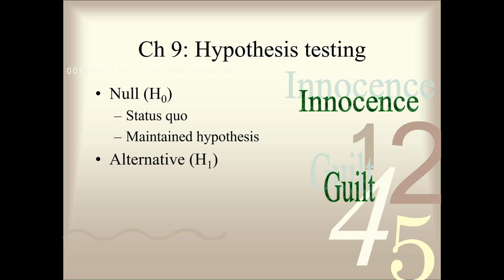We can think of the alternate hypothesis as proving guilt, or H1, and that's what we're trying to prove. Sometimes called the action alternative because it generally leads to some action. Like, let's say I do find that the number of defects has gone up. Well, then I need to check the process, the machines, see what's going on.